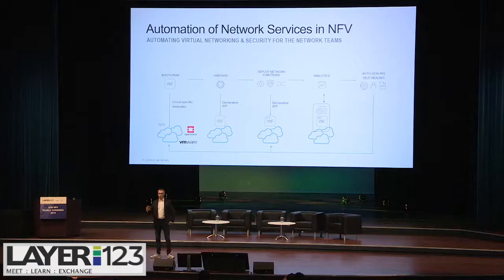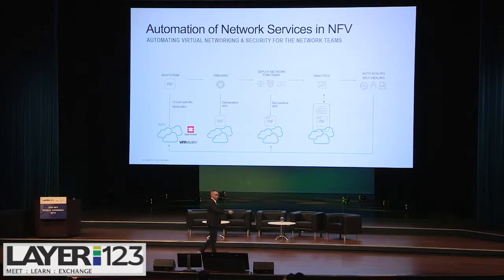So we give all these tools to these developers, and they use whatever tools they use for their application deployments and CI/CD pipelines. We allow them to plug that in, right? So that's how they run their business. If you now go to NFV, it's the exact same thing. You deploy the VE, you onboard it.